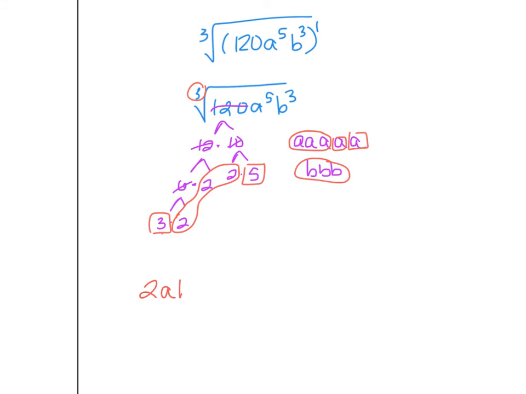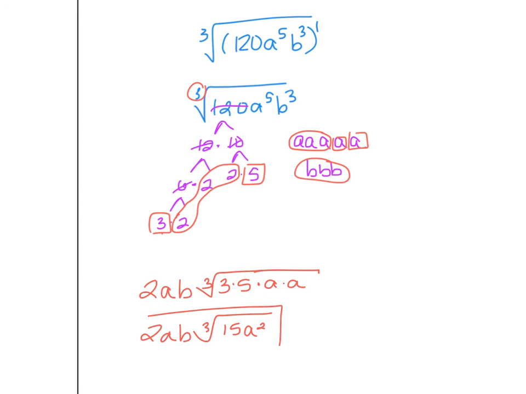Then 1A and 1b. Then I still need the cube root of everything without a group. So that would be the 3, the 5, and 2a's. So when we clean this guy up, you have 2ab times the cube root of 3 times 5 makes 15. A times a makes a squared.